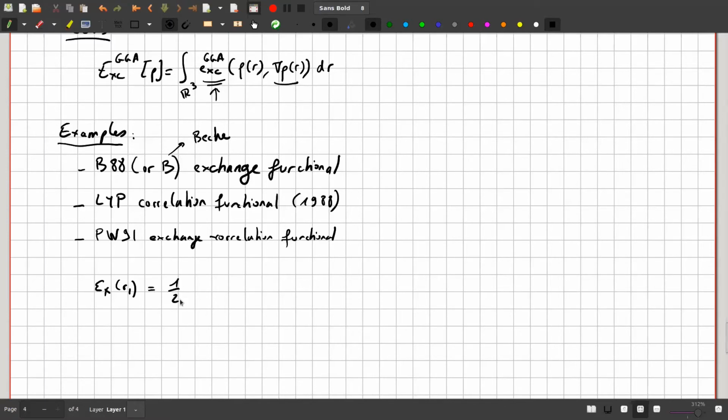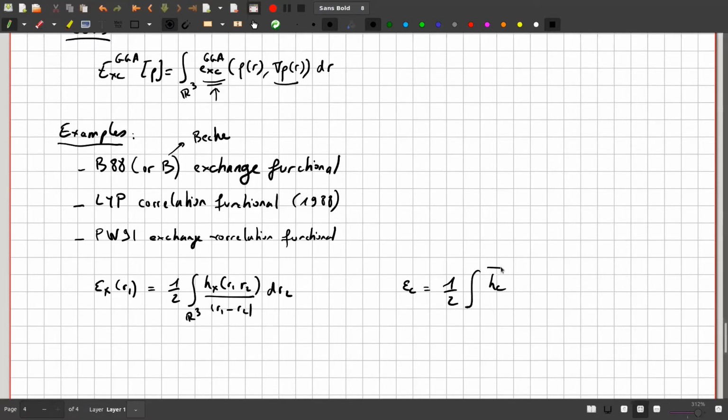It can be written as 1/2 integral of the exchange hole at r1, r2, integrated with the interaction, integrated over r2. Okay. And also for the correlation energy per particle, you have a similar expression. So 1/2 integration of the coupling-constant integrated correlation hole, r1, r2, interaction integrated over r2. Okay, so you have this expression.